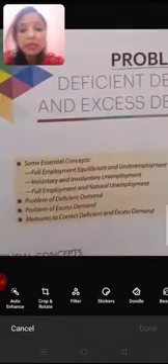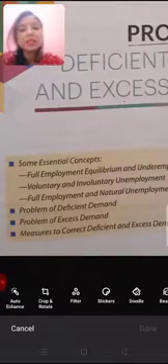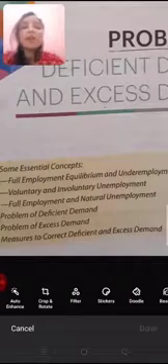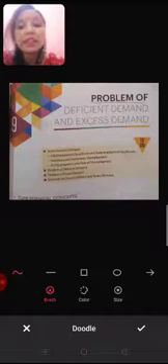So today the first is full employment equilibrium. Dear students, what is full employment equilibrium? Full employment equilibrium means that aggregate demand equals aggregate supply.